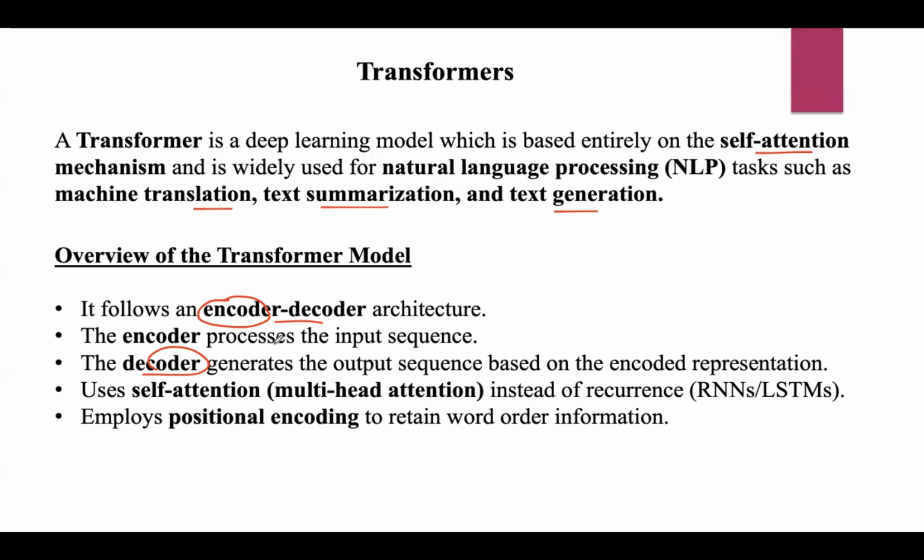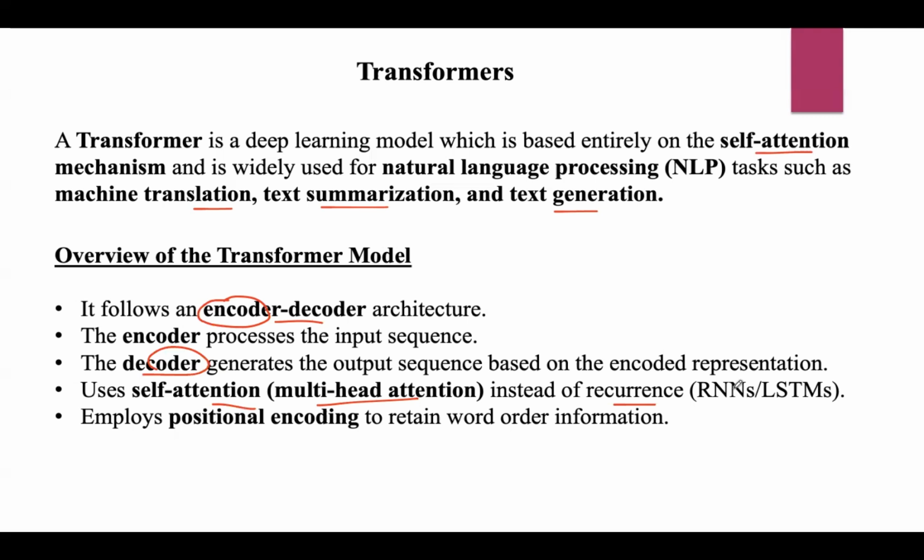Then coming to the encoder processing part. The encoder consists of multiple layers that apply self-attention, that is, the multi-head attention mechanism, and feed-forward networks in order to extract important information from the input sequence, instead of recurrence, which is used in RNNs or LSTMs.